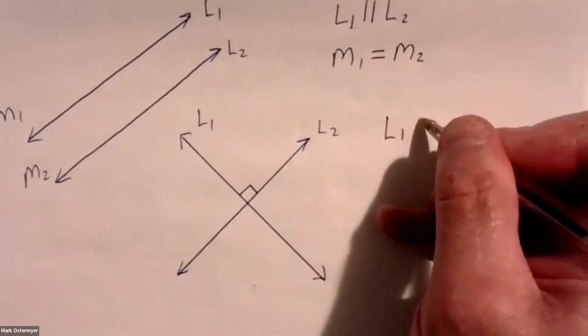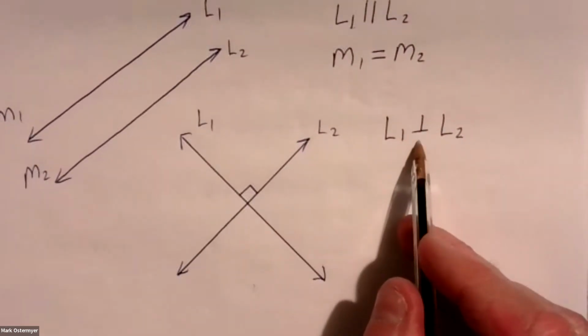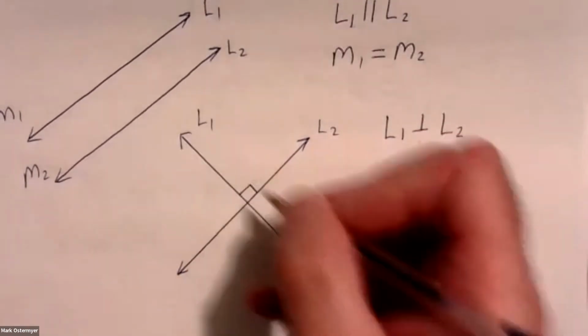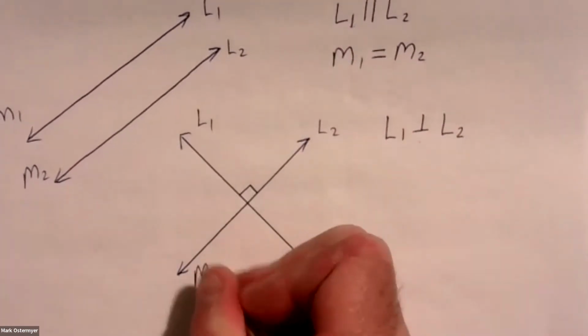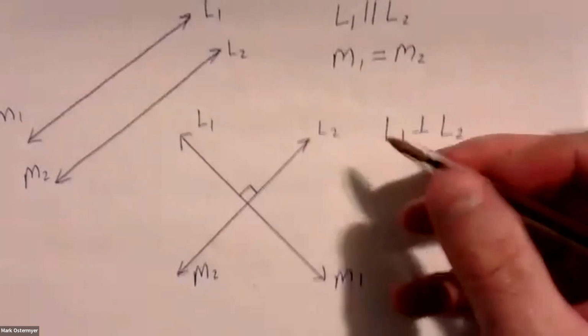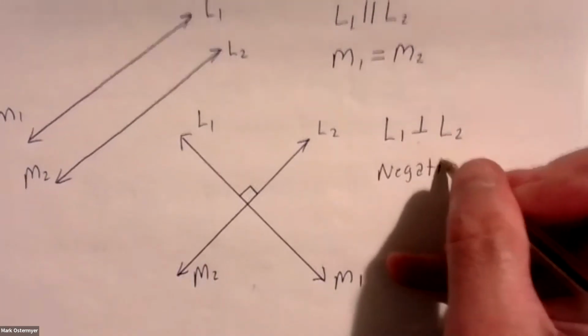So if line 1 is perpendicular to line 2, notice the notation, then what must be the relationship between the slopes of these lines? The slopes of perpendicular lines must be related how? Well, they have to be what are called negative reciprocals of each other.